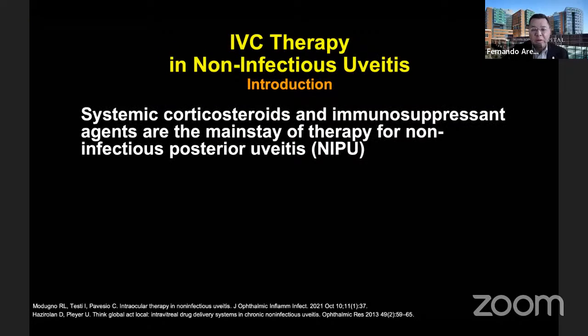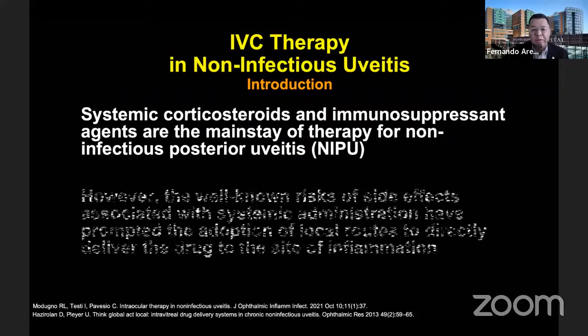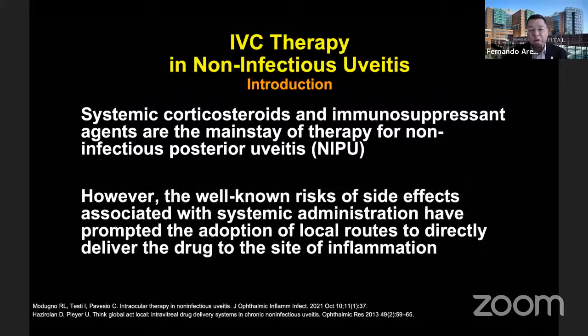Systemic corticosteroids and immunosuppressive therapy are the mainstay to treat non-infectious posterior uveitis. However, we all know of the side effects associated with systemic administration, and that has prompted the adoption of local routes to directly deliver the drug to the site of inflammation.